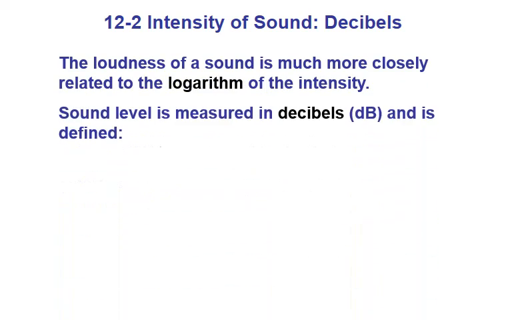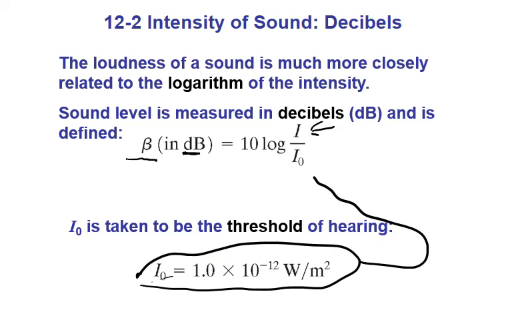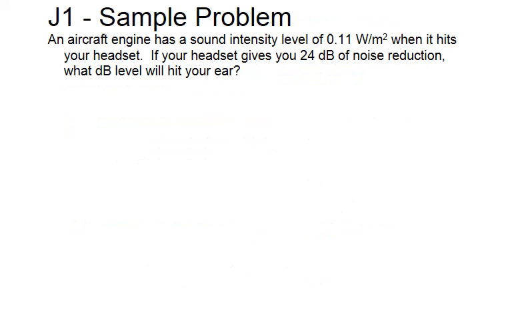So this logarithmic relationship is based on, we have beta here in decibels, that's loudness, and then I is intensity, and I0 is the threshold of hearing. So I0 is a constant that we have in there. I is the actual intensity of whatever sound source we have, and then B is the scale that we have. So let's take a look at this example.